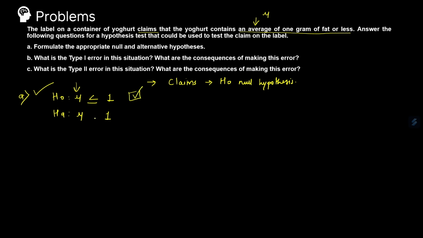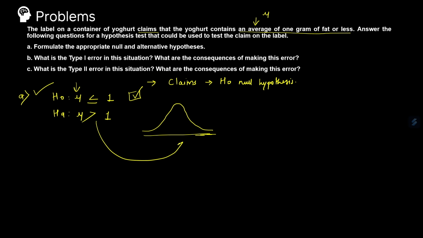Whenever our null hypothesis is formed, what do we do? We take the opposite of the symbol of the null hypothesis, and this goes into our alternative hypothesis. So this is how our hypothesis will look. And most important is to show it in the normal distribution diagram.